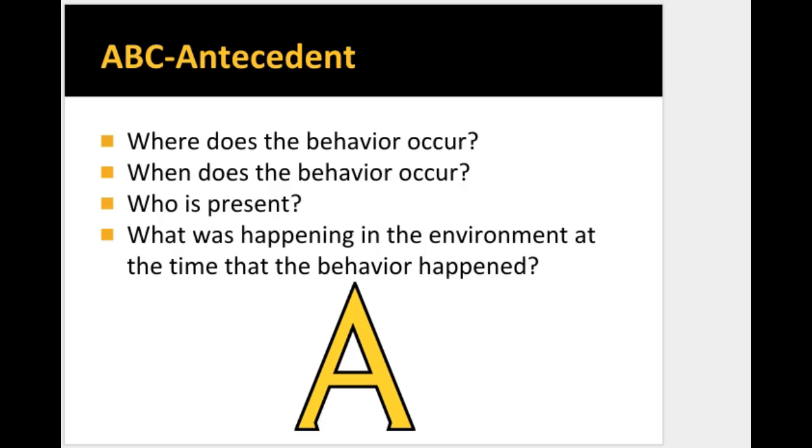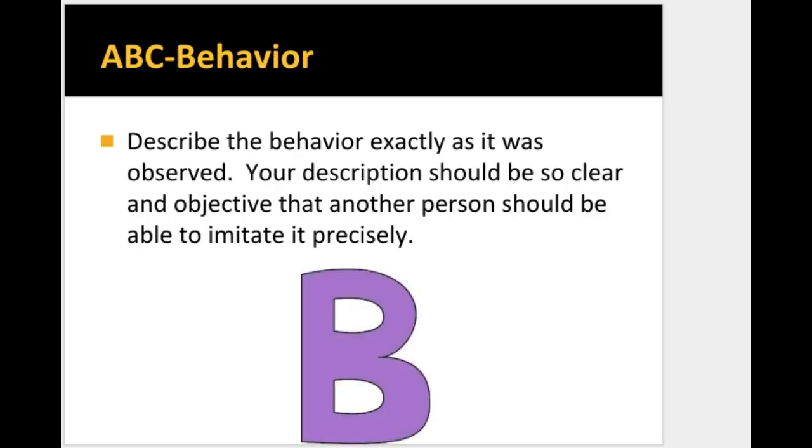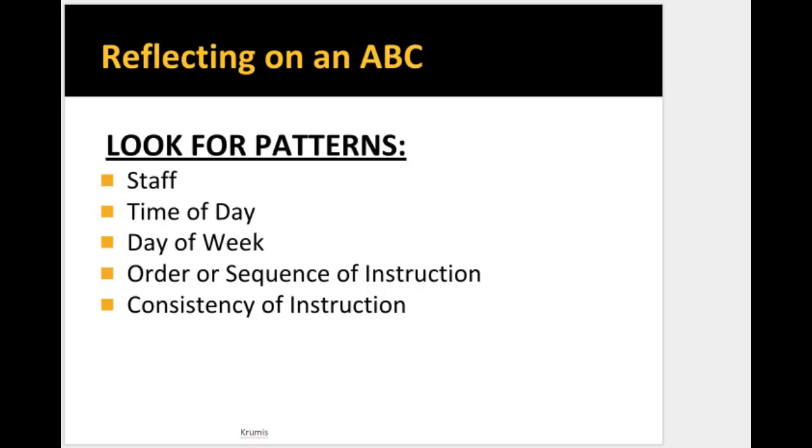So it's very important to take a thorough look at an ABC analysis. We're going to do some more ABC analysis later on in the semester. But as we take a look at these, we do look for patterns. We're not going to just observe a behavior once. We're going to try to observe what's going on before it and after it several times.